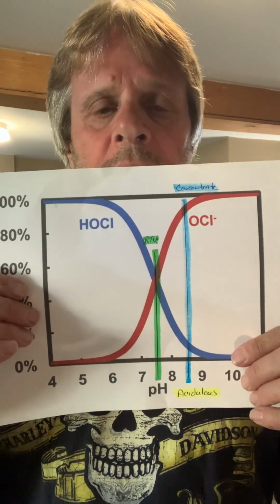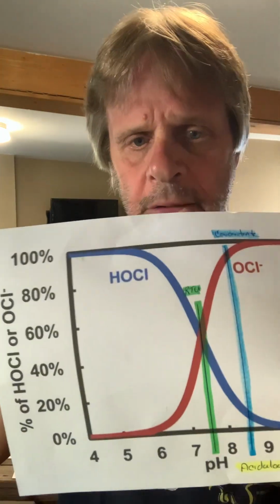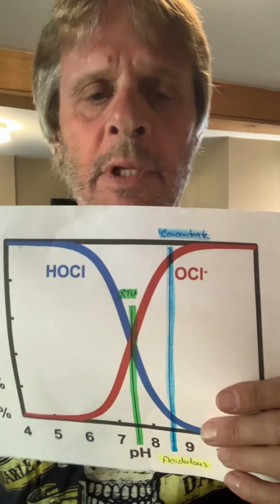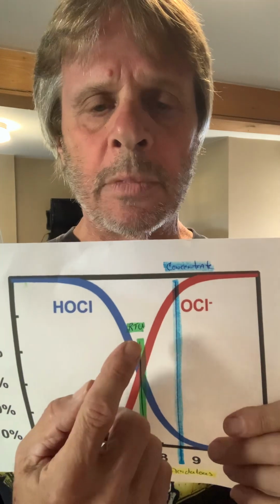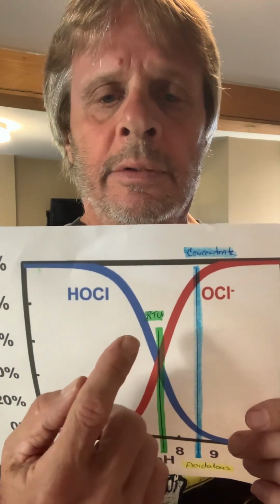Okay, so it falls into the neutral range here. A little bit more of an explanation. The EPA has defined properties of what hypochlorous acid and hypochlorite are. Hypochlorous acid, as defined by the EPA, must be in the pH range between 5.5 and 6.5.